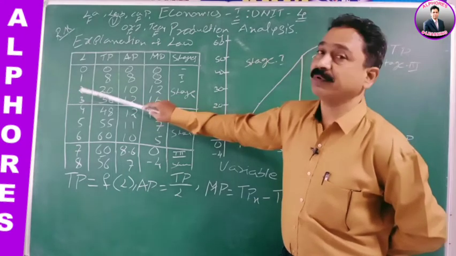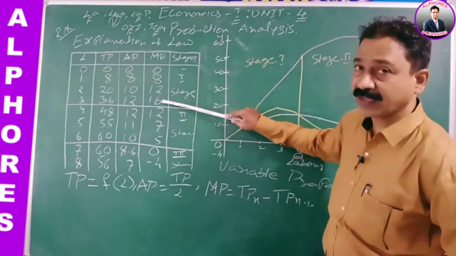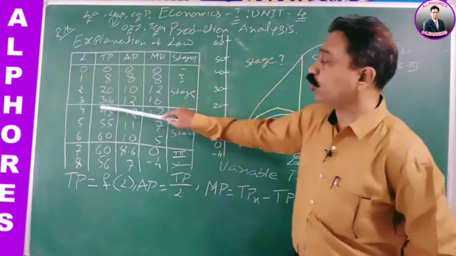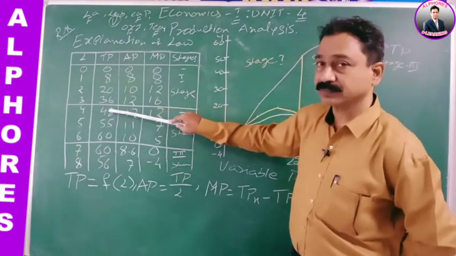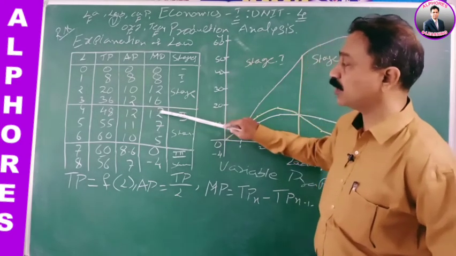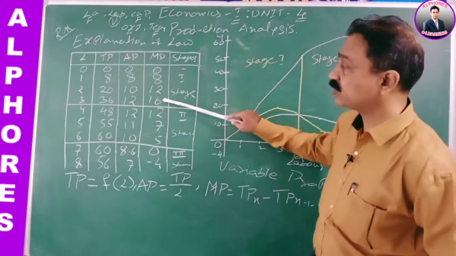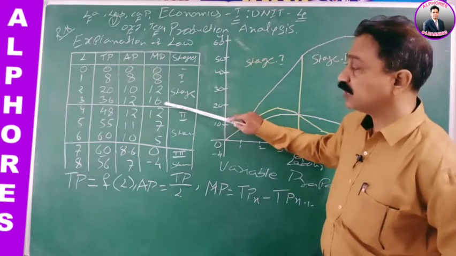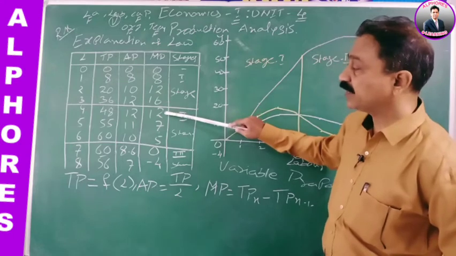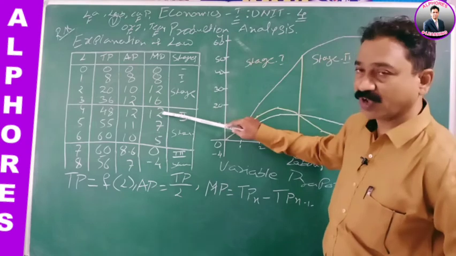That marginal labor, marginal productivity is how much? 16. Okay. Fourth labor, 48. 48 minus 36, 12. See, till the third labor, marginal productivity increased. Then after that, it started decreasing. The fourth labor's marginal productivity is 12.